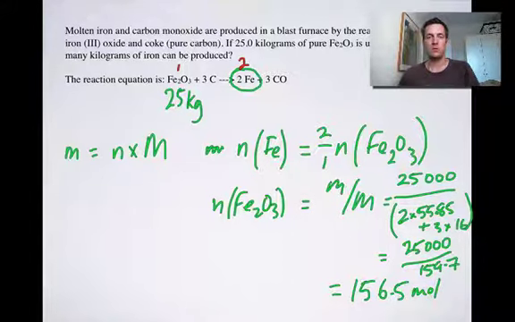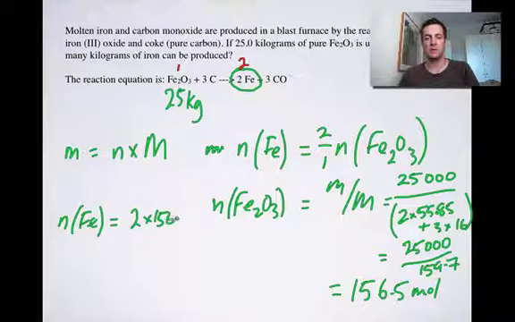Okay, so we now know the number of moles of Fe2O3. We know that the number of moles of iron is twice that number, so 2 times 156.5, which equals 313.